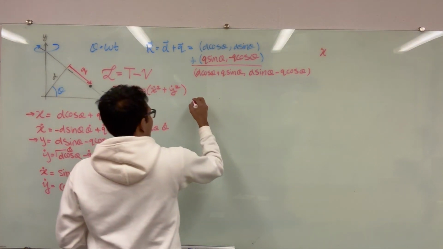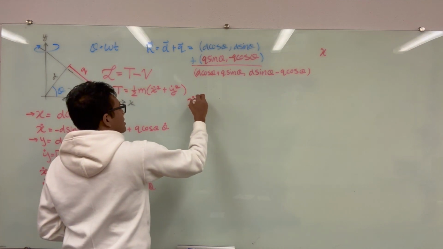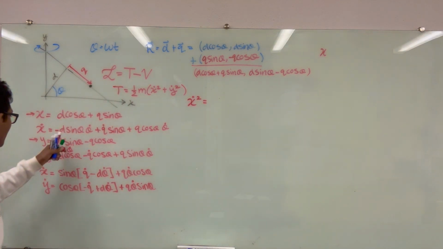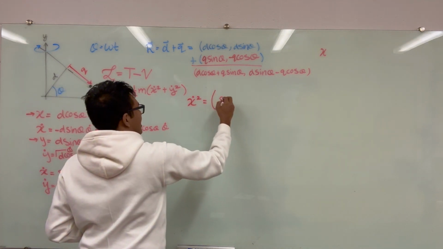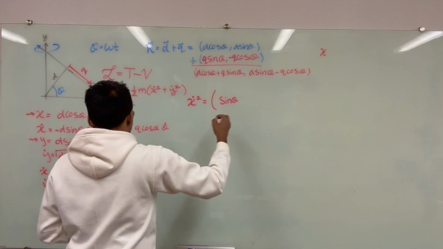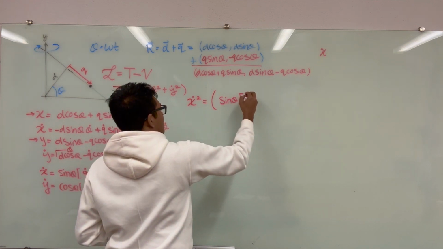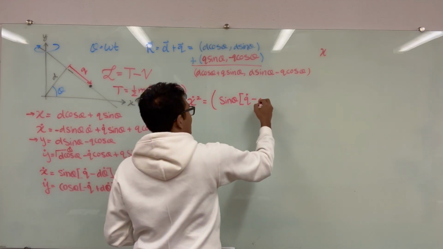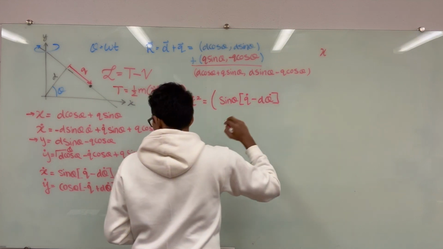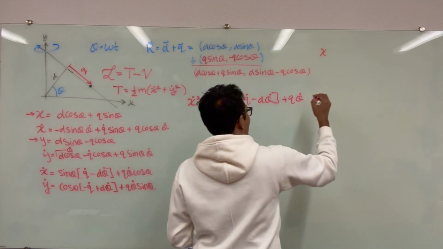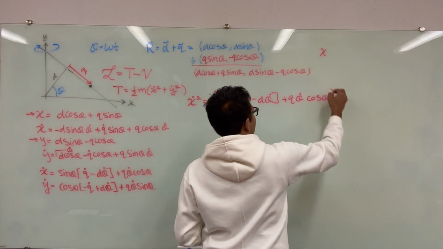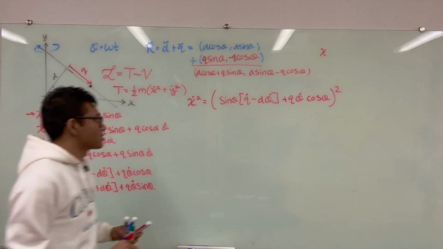So x dot squared is going to be what? I'm going to have sine theta factored out, and I have (q dot minus d theta dot, plus q theta dot cosine theta) squared. Okay, that's x dot squared.